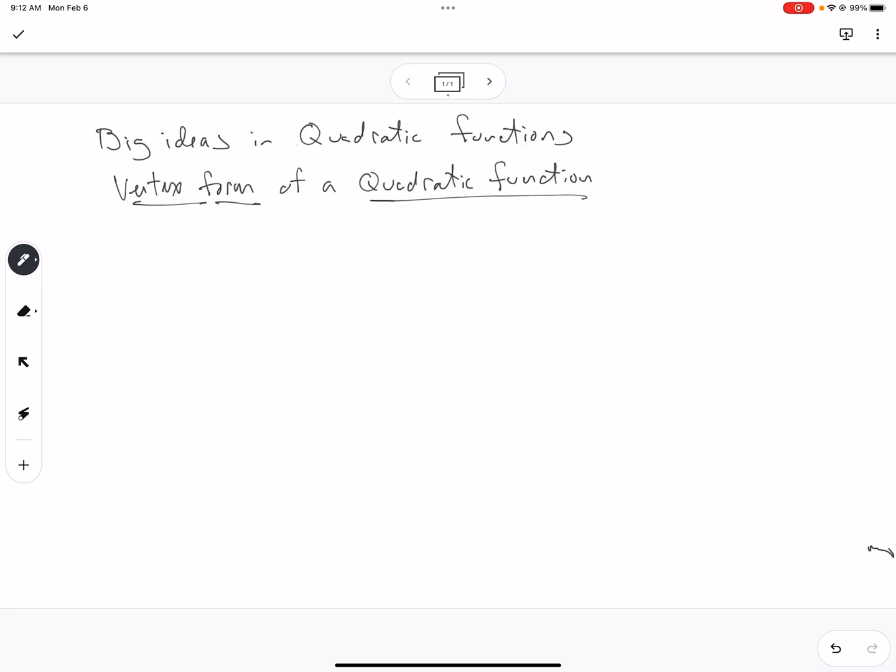The vertex form of a quadratic function from the textbook is f of x, which is the same thing as y, is equal to a times (x minus h) quantity squared, plus k.